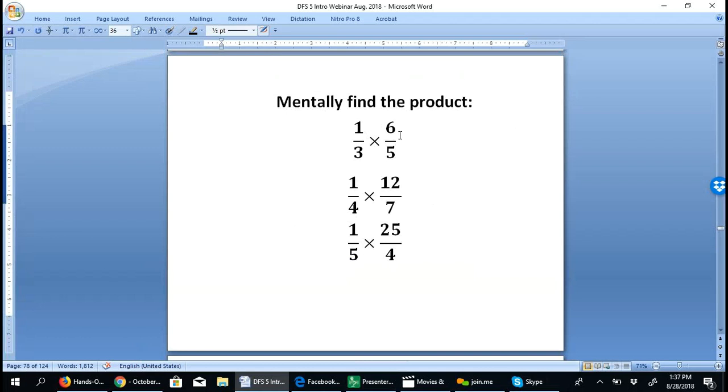What's a third of 6/5? Your response, please. A third of 6/5. 1/3 of 6/5 is 2/5. What's a fourth of 12/7?